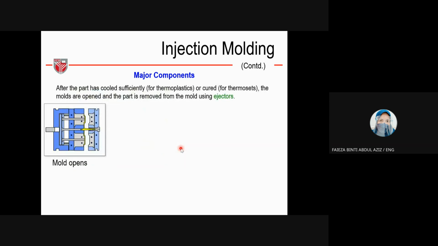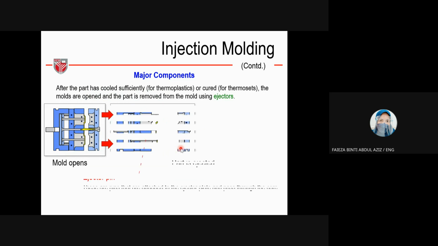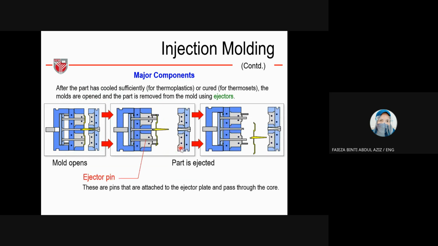Here you can see the major components. After the part has cooled sufficiently for thermoplastics, or cured for thermosets, the molds are opened and the part is removed from the mold using ejectors. Here you see the molds open.